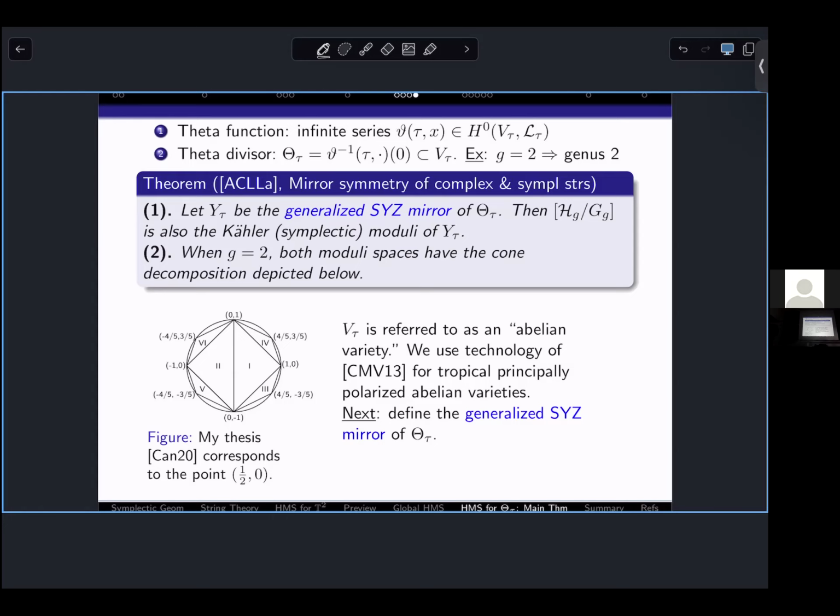You can write down a cone decomposition of the complex structures on the abelian variety and the genus 2 curves. So this is a Chan-Melo-Viviani paper. And you get this cone decomposition.